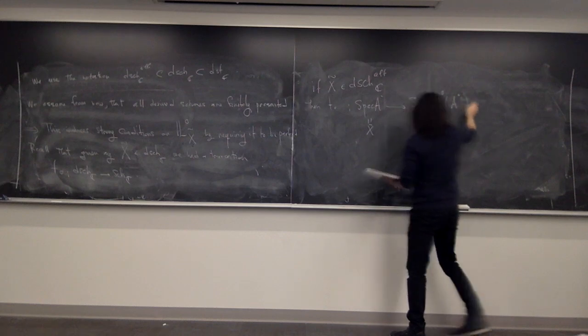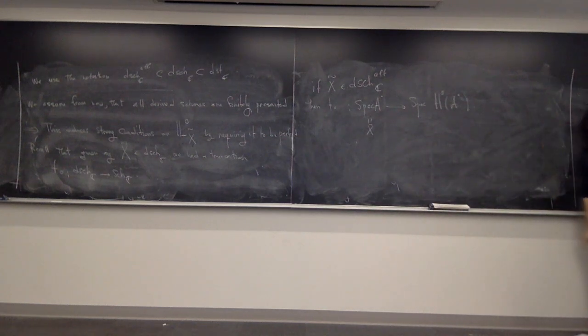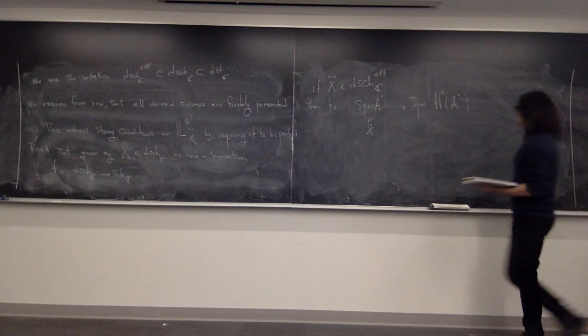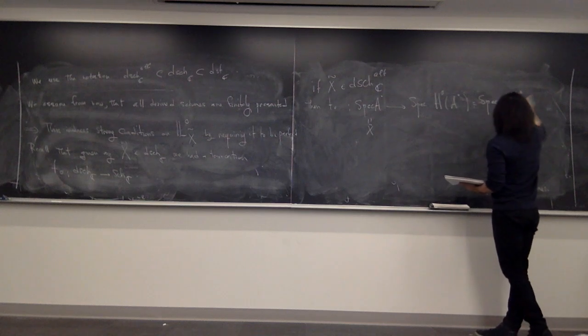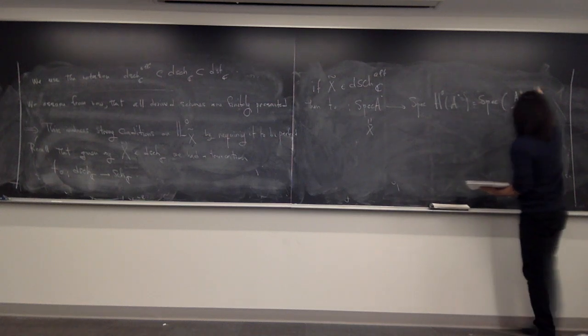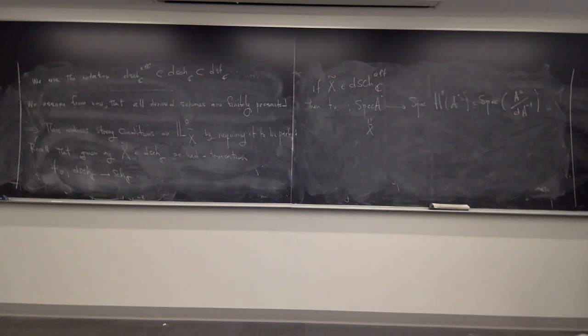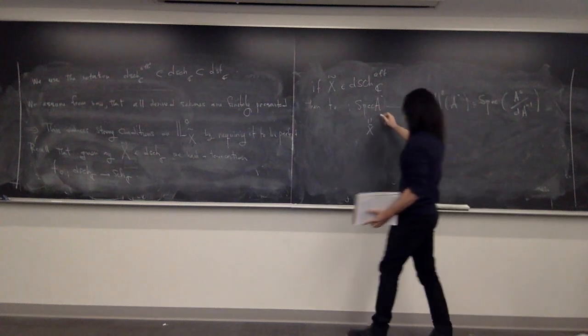This also we discussed when we were in that room. And so what is this? This is the spectrum of A0 divided by d of A minus 1. This is the truncation.